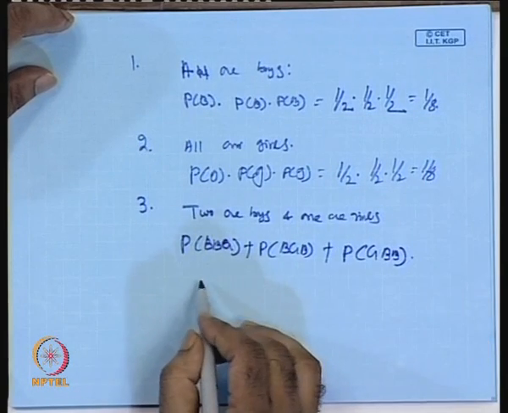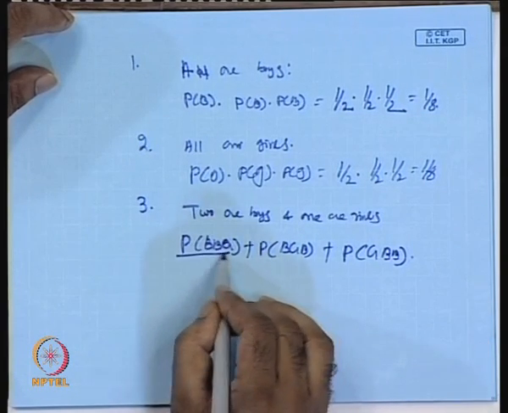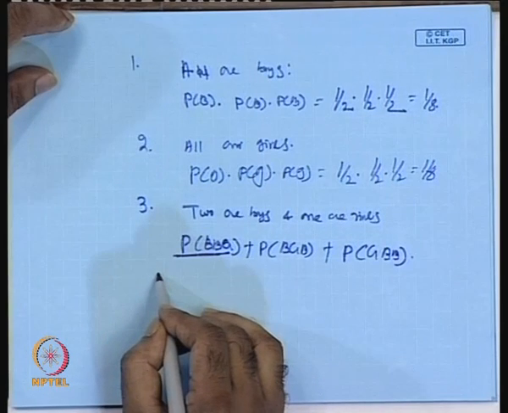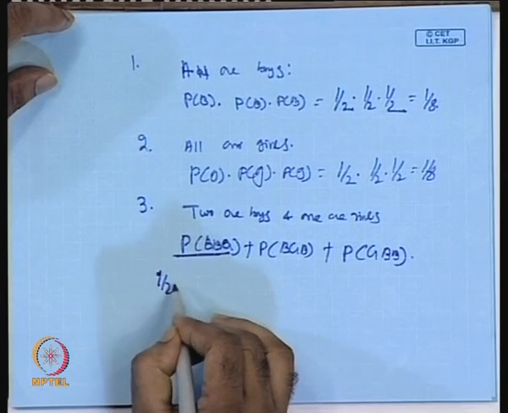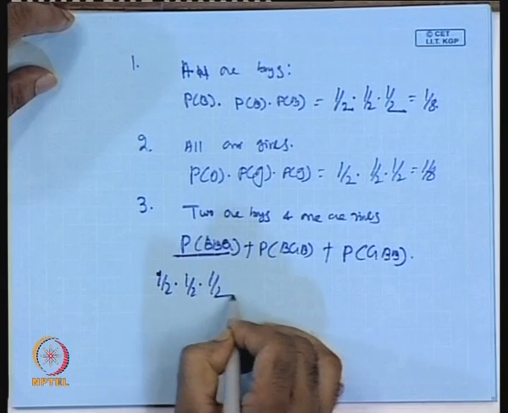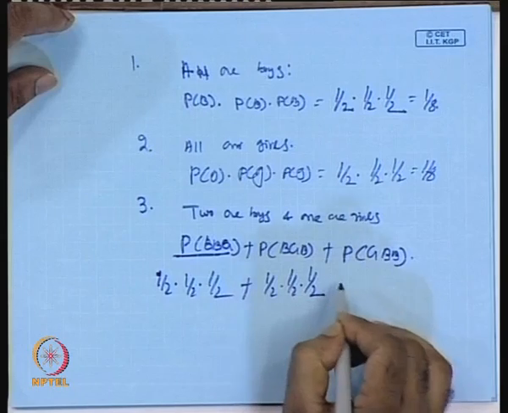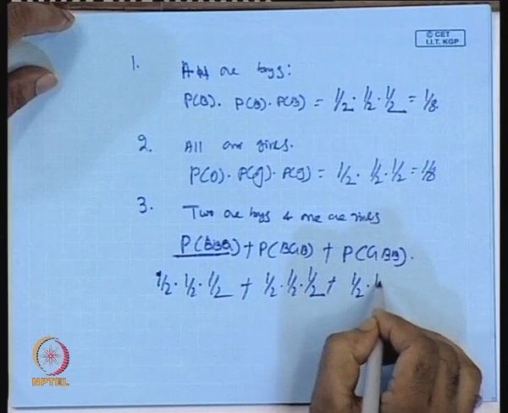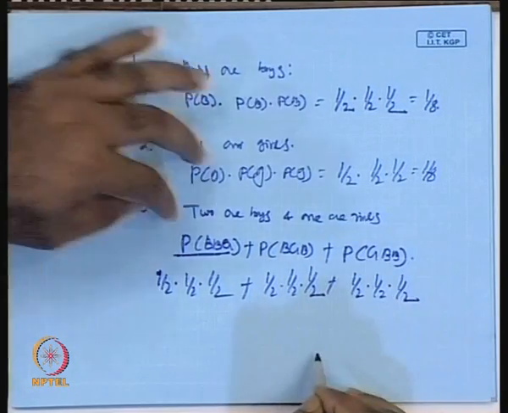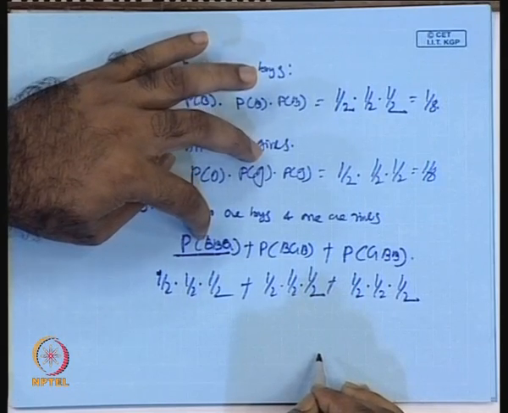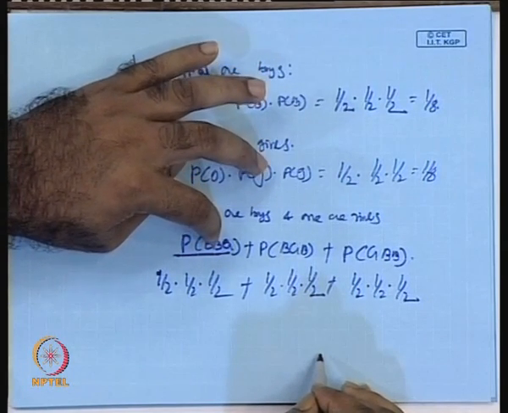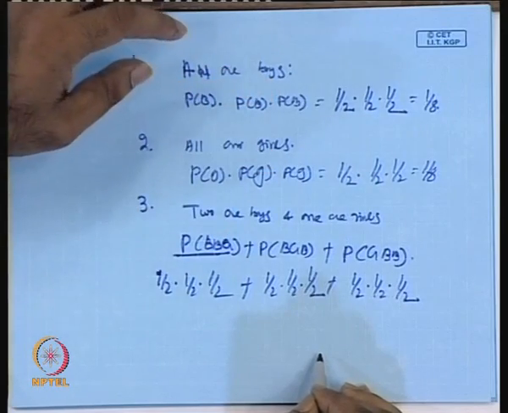In all these cases, BBG means 1 by 2 into 1 by 2 into 1 by 2, plus 1 by 2 into 1 by 2 into 1 by 2, plus 1 by 2 into 1 by 2 into 1 by 2, because in the first case B is 1 by 2, then again B is 1 by 2, and G is also 1 by 2.